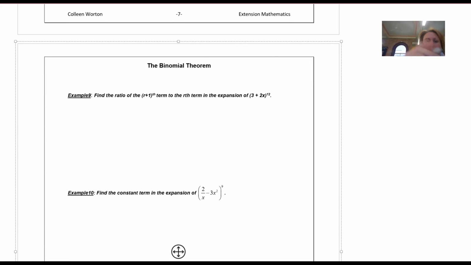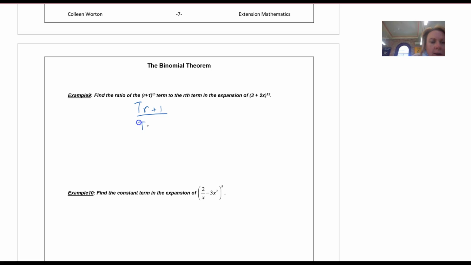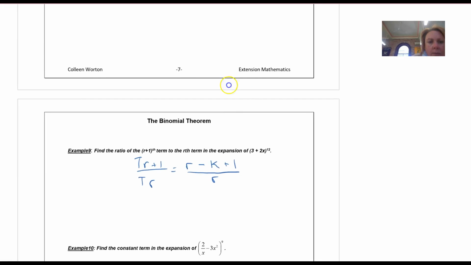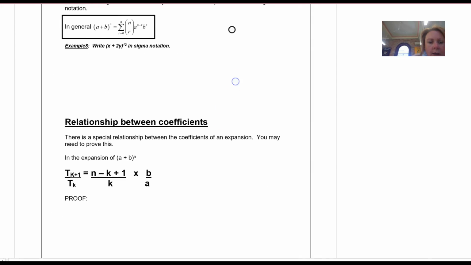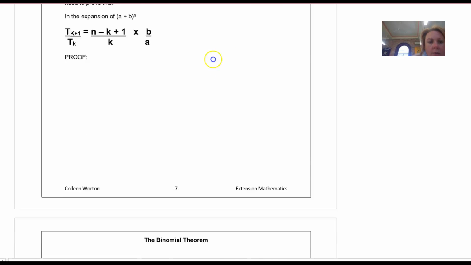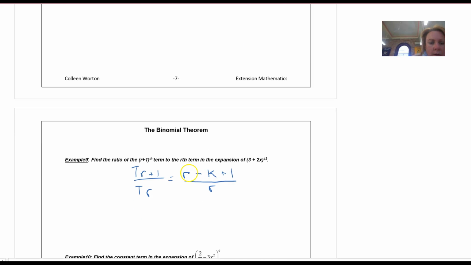It says find the (r plus 1)th term ratio over the rth. I think I better check the formula: (n minus k plus 1) on k times b on a.